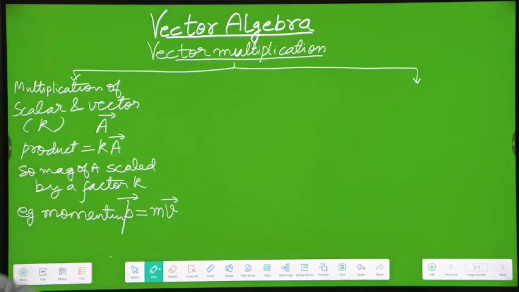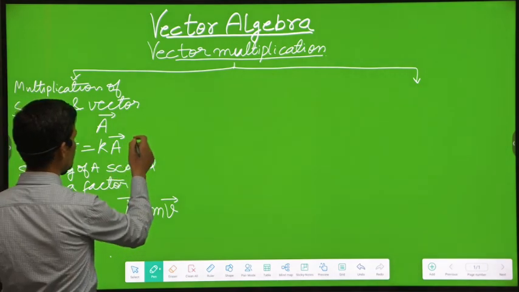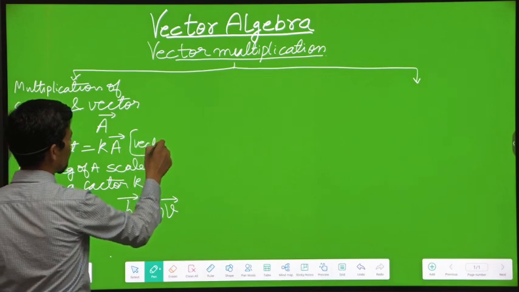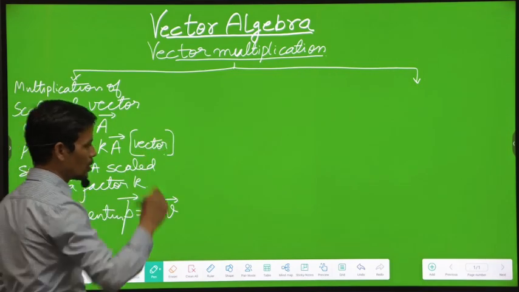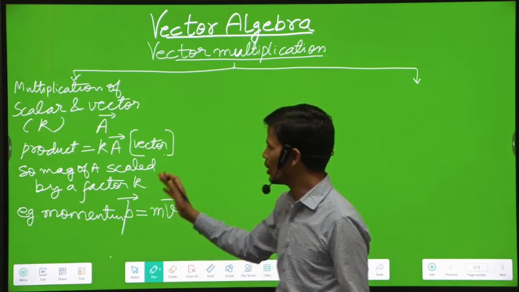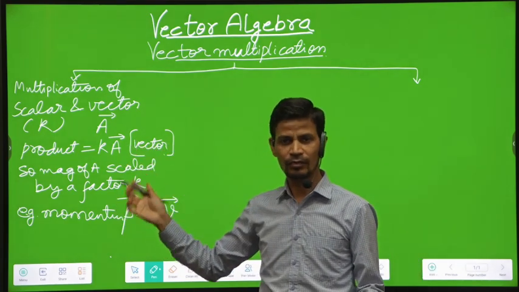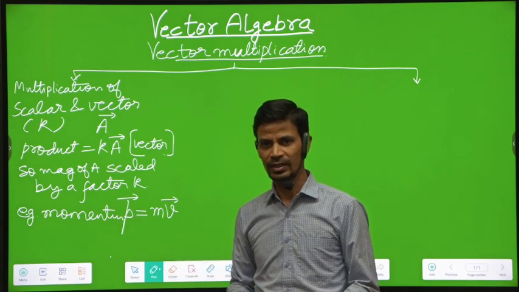Okay, I forgot to tell you that multiplication of scalar and a vector is a vector. So the final product is a vector. So that's all in this, the product of scalar and a vector.